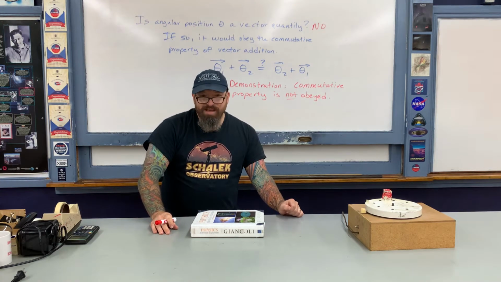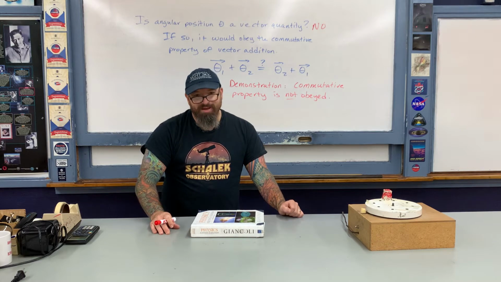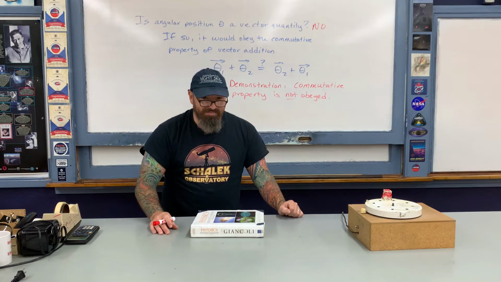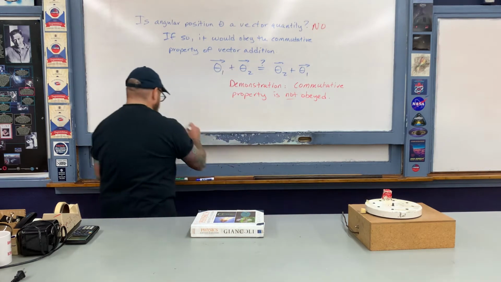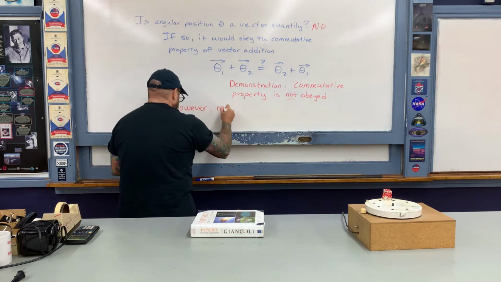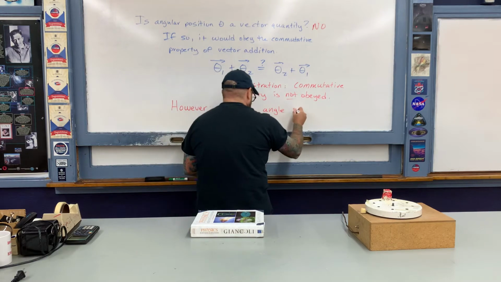However, what I'm now going to do is make the angle smaller. When I did my demonstration a few minutes ago, I did it with 2 90-degree rotations. Now let's make the angle smaller.